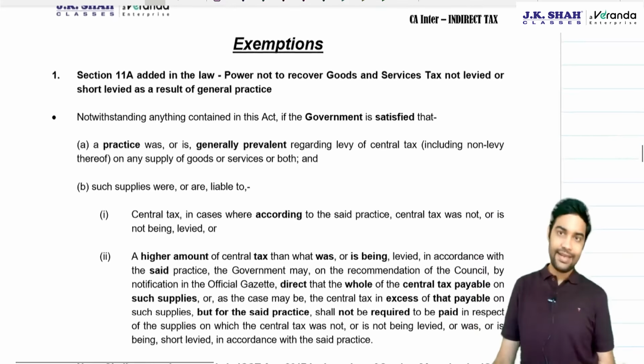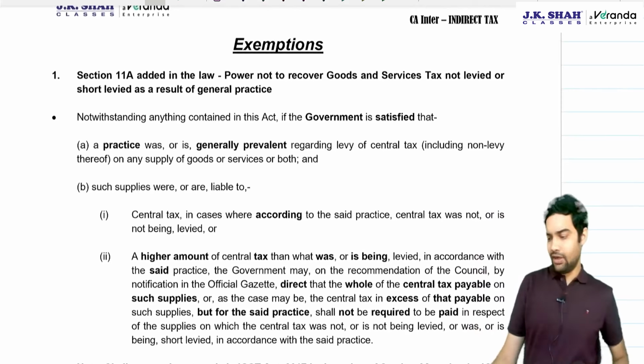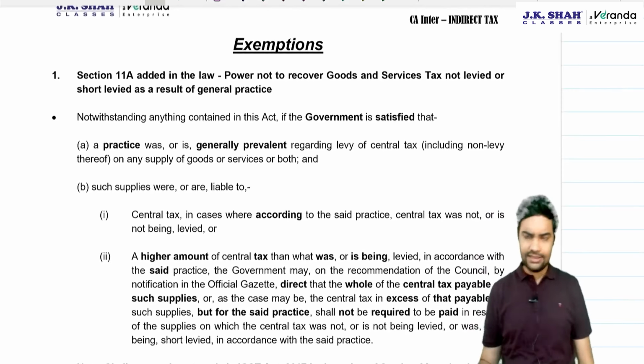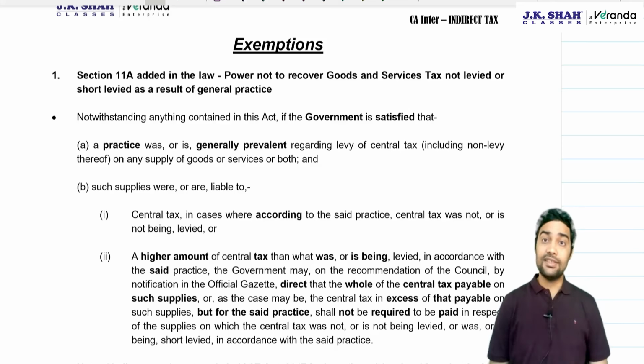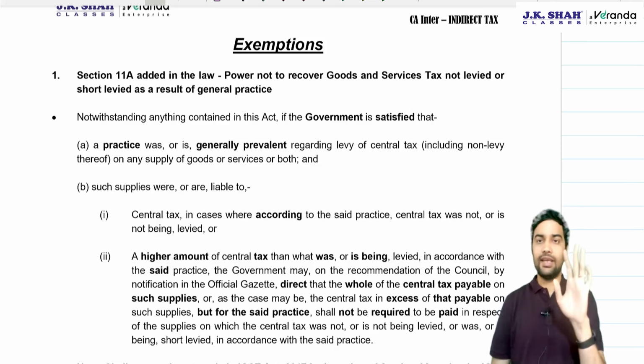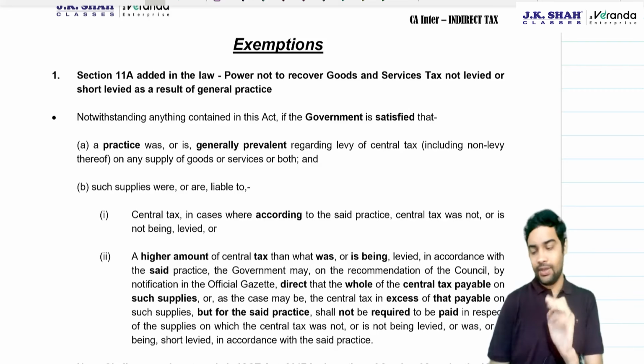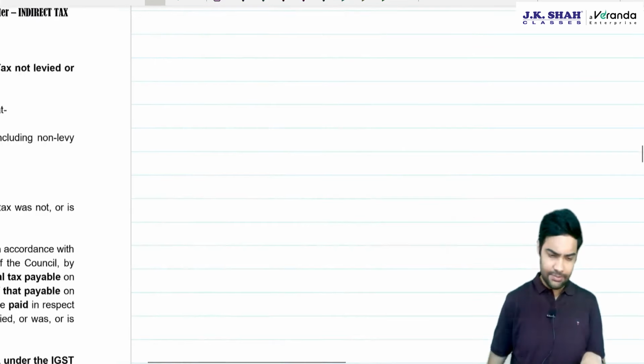Okay, let's move forward. Exemptions. Now, some small changes have happened in some exemption entries, but one major section which has been added is section 11. Now, I'll give you an example.